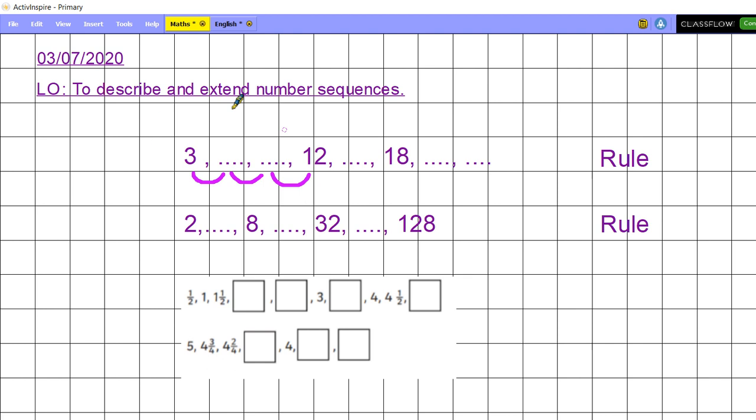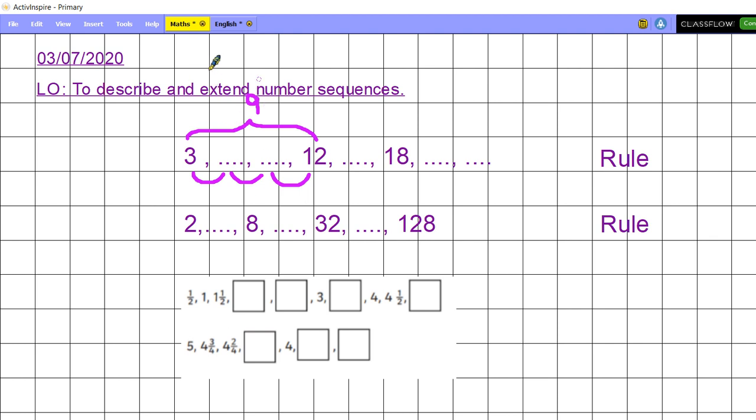There are 3 jumps that we have made and we've gone from 3 to 12, okay? So what is the difference between 3 and 12? The difference is 9. So what I need to do then is split 9 between the 3 jumps, okay? Remember, it's the jumps, not the actual missing numbers.